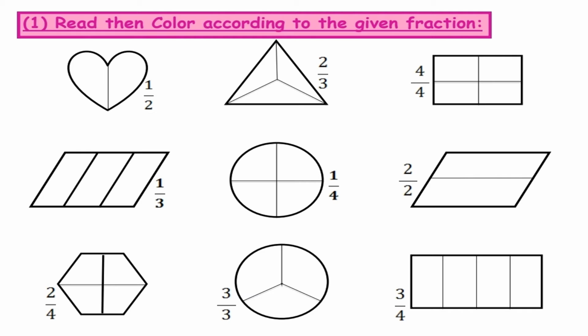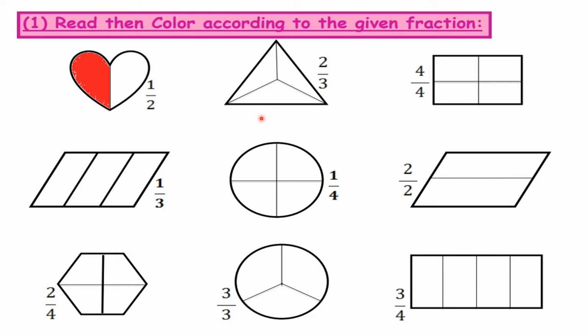Read then color according to the given fraction. I have here the first one that is a half, so I will color only half of the heart, meaning I will color 1 out of 2. And here I have 2 over 3, meaning I'm going to color 2 parts out of 3.